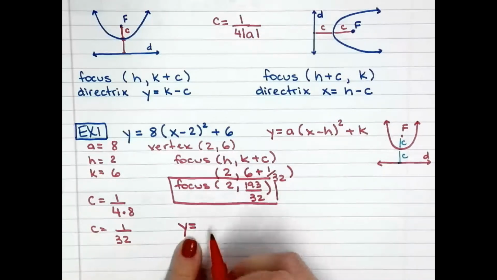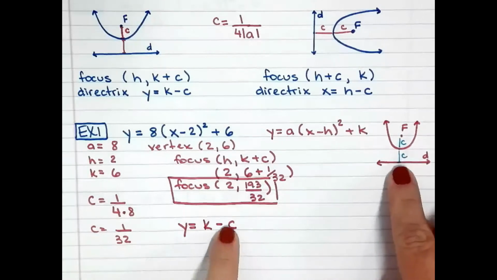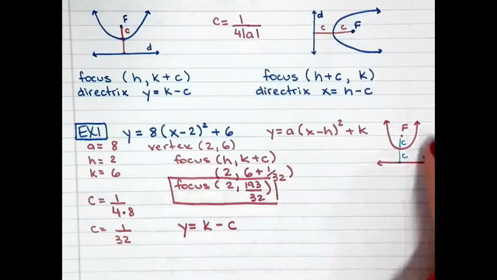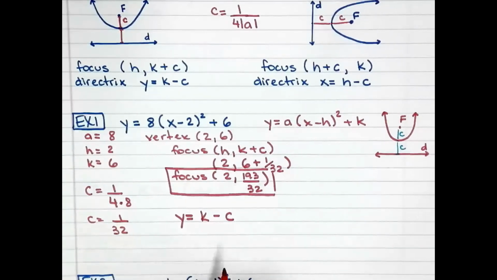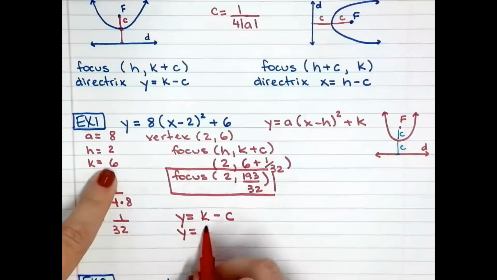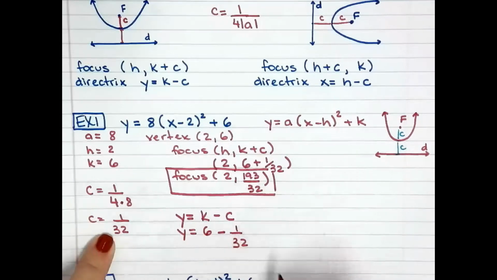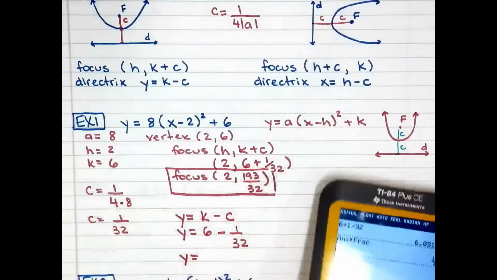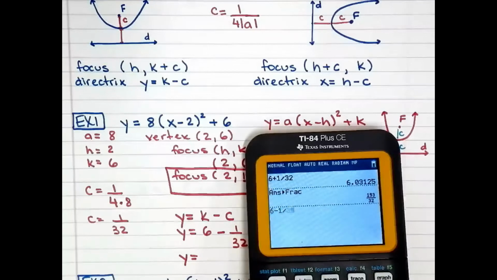So y equals K minus C. Minus because it's right below it. Sketch the graph before you start calculating anything, okay? So y equals K, and K is 6 because it told me so right there. C is 1 over 32. Now I have the equation for the directrix: 6 minus 1 over 32.